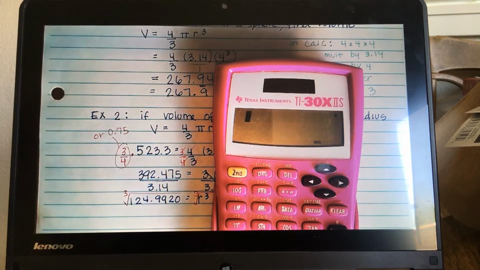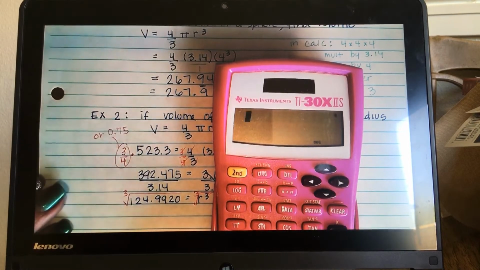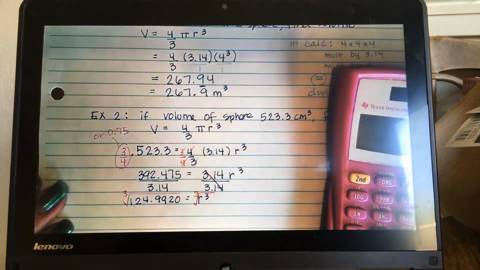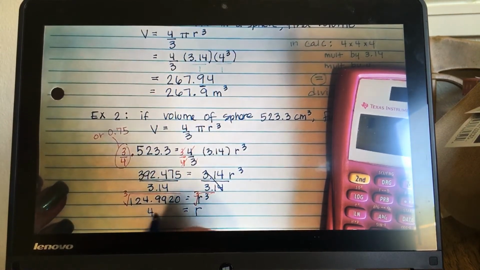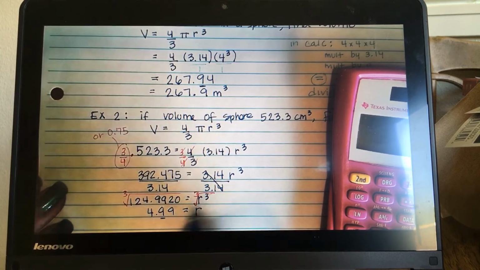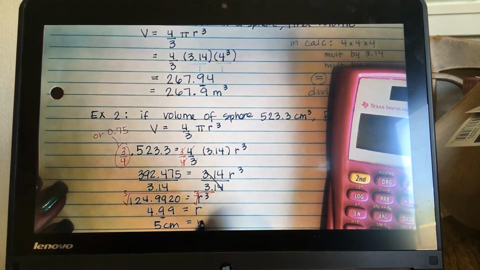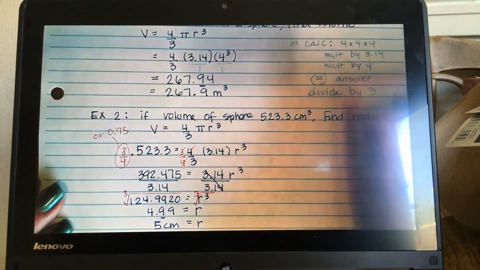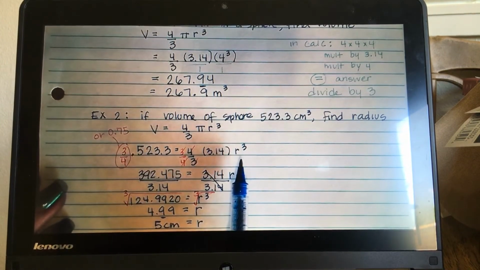I think what we had as our answer in there was 4.99, I believe. So again, rounding to the nearest tenth, that's actually going to round up to 5. So 5, what was our unit? Centimeters as our radius.